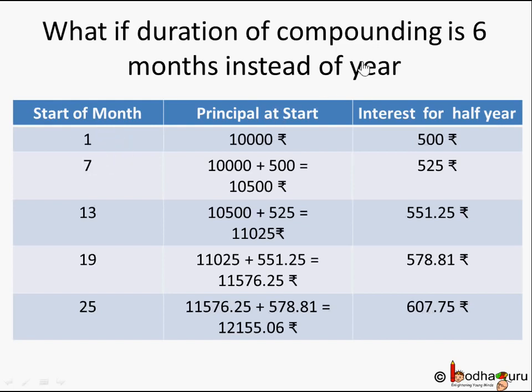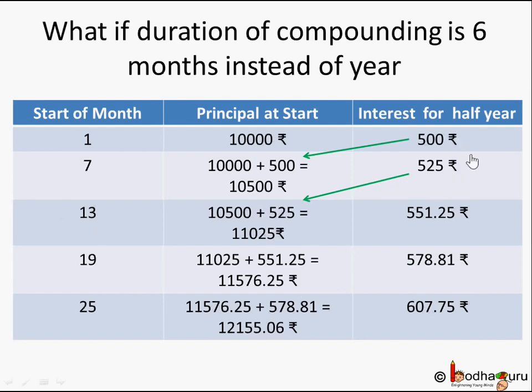Instead of on a yearly basis, you are doing compounding every 6 months, on a half yearly basis. You are earning some interest and you add it to the principal at the end of 6 months. So at the start of the 7th month, you add that. Same thing you do at the end of the 12th month, that is at the start of the 13th month or the second year, you add that to the principal, and so on.